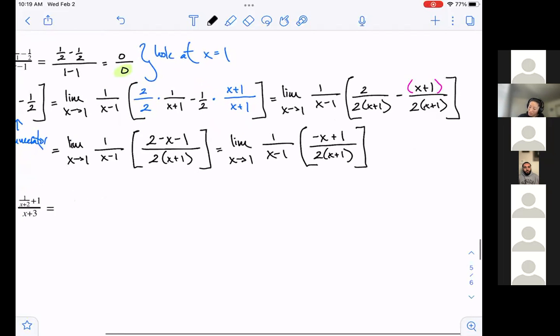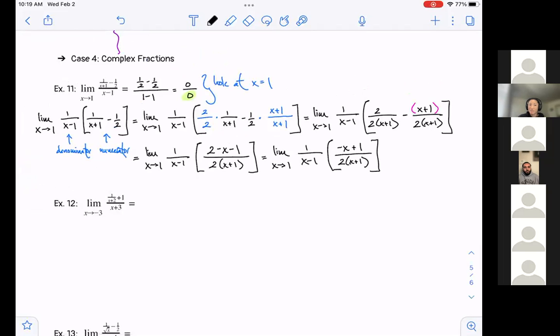Now, in the past, when we've done a bunch of work, at some point we're like, oh, there's things that we can cancel, and then it gets better, right? We haven't reached a point where we've canceled anything yet, or been able to reduce anything. But I claim that we actually have something we can reduce right now. I'll give you a moment to look at that.